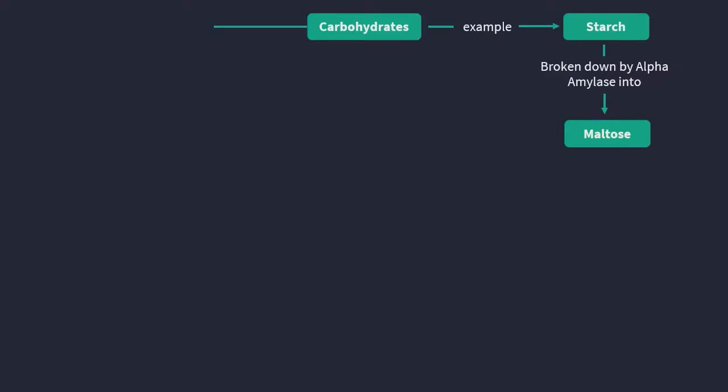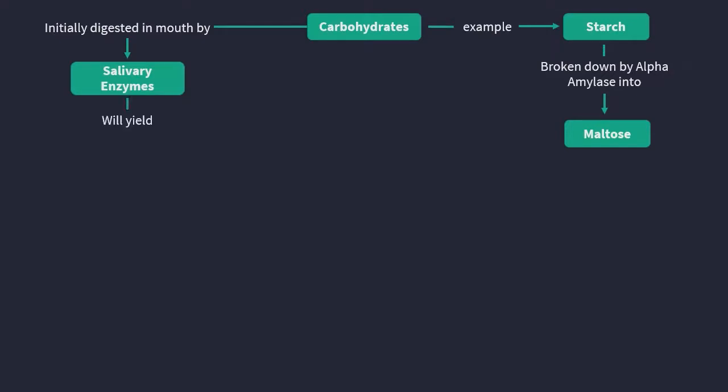Generally, carbohydrates are digested in our mouth. Chemical digestion is caused by the salivary enzymes, and an example of a salivary enzyme is amylase.